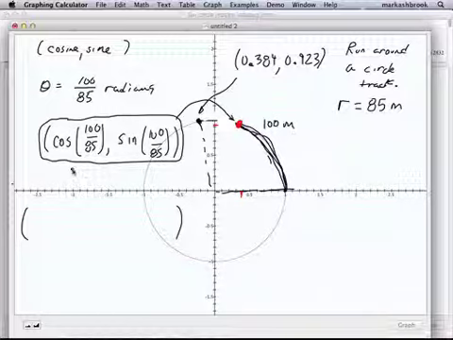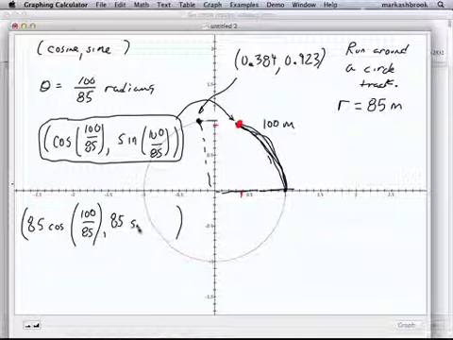What would the x-coordinate be in meters? 85 times cosine. What do we multiply by cosine? The radius. 85 cosine of 100 over 85, which is our number of radians. Y-coordinate in meters? 85 times sine of 100 over 85.